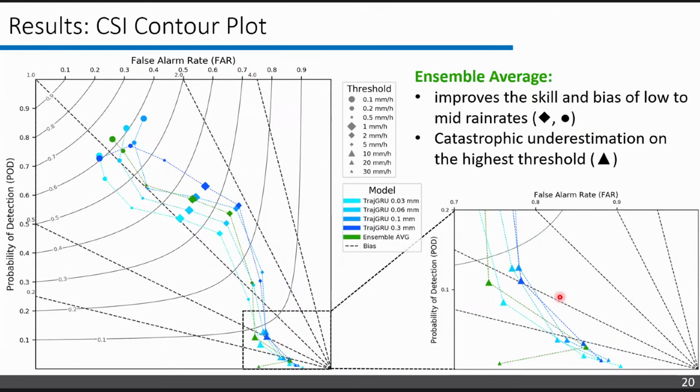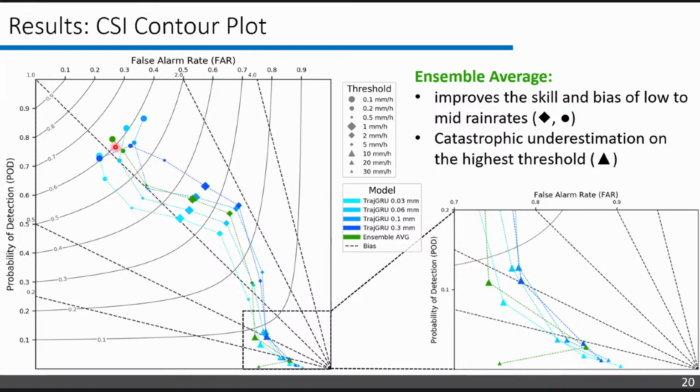I'm going to add all the other models with the same colors that you've seen. So this is the ensemble average, and this gives you a good idea why usually the average improves. Taking the average improves a little bit the scores on the lower rain rates. You can see it here.